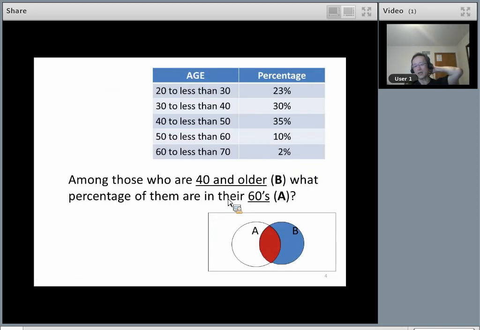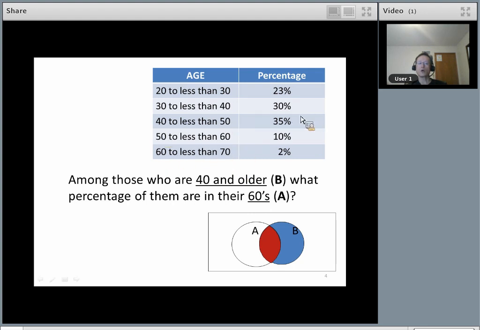If we look at the data that we looked at earlier, the age groups from 20 to 70, grouped into 5 categories, totaling 100% of people in the population. But if our question is this: among those who are 40 and older, so we're only interested in people who are 40 and older, that's this group. What percentage of them are in their 60s? That means this group out of all.